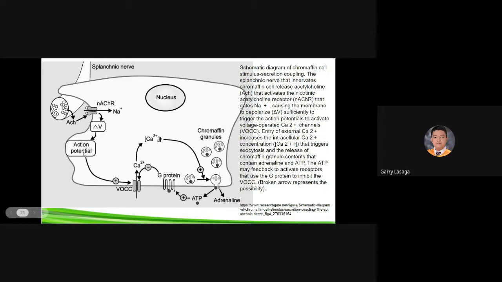It will induce an action potential, and this action potential will open the calcium channel. When the channel is opened, it will induce the influx of calcium ions into the chromaffin cell, and these calcium ions will be important for the release of catecholamines from the chromaffin granules by way of exocytosis.